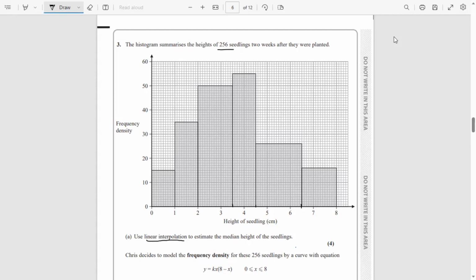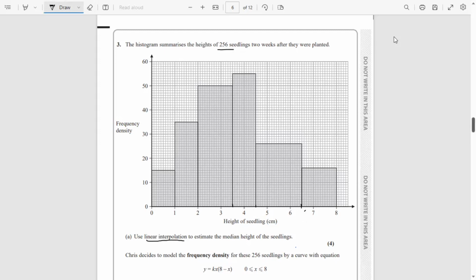For example, if we look at this class 4.5 to 6.5, when we're using linear interpolation, we're assuming that all of the seedlings with heights between 4.5 and 6.5 are evenly distributed from 4.5 to 6.5. That's what we mean by linear interpolation. You don't really need to know that, but it's good to know, I guess.